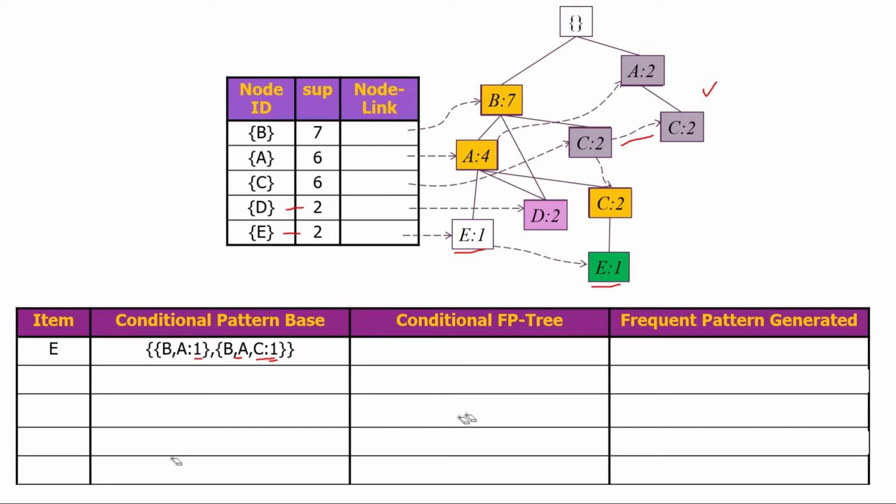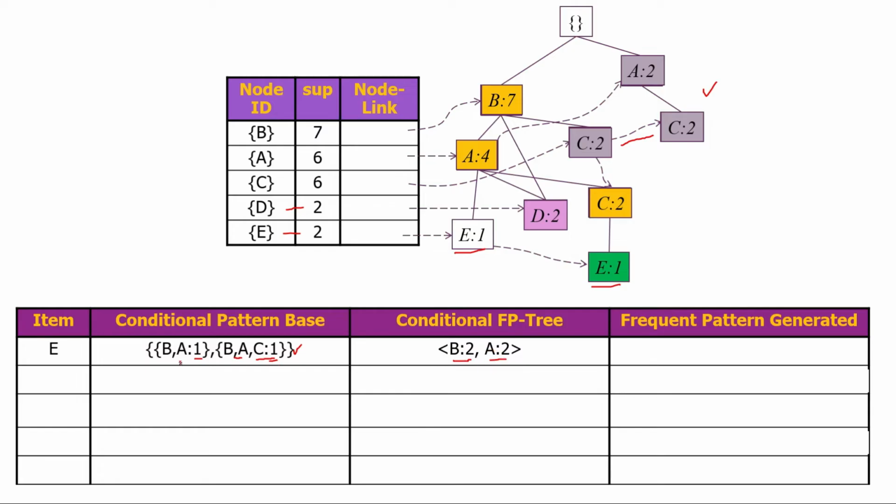So what is the total count of A, B and C in this conditional frequent pattern base? You get B with a count of 2 and A with a count of 2.